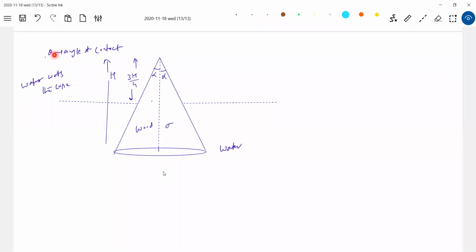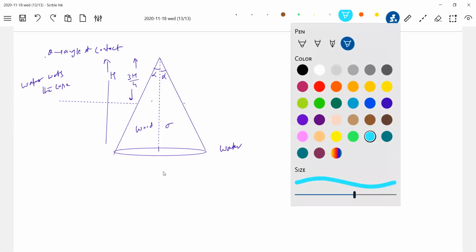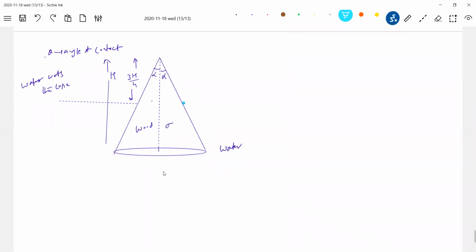Here he has given the angle of contact, so therefore we have to show it. So how will the liquid take shape here? The liquid here will be like this.